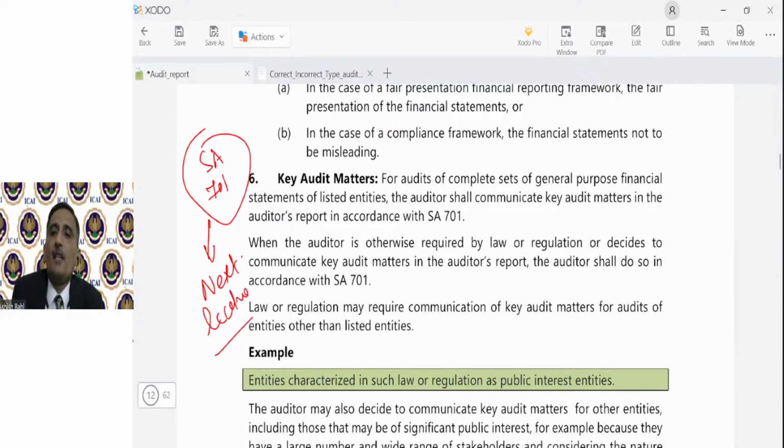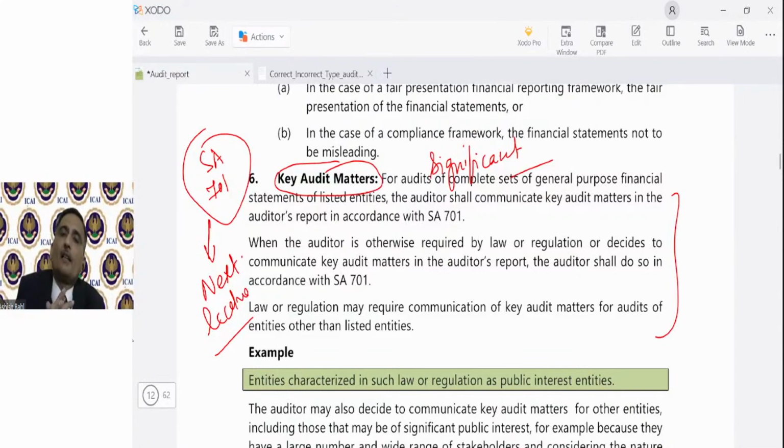For the time being, you can understand that key audit matters are some important significant matters of the current period, which have been identified by the auditor during the course of audit.